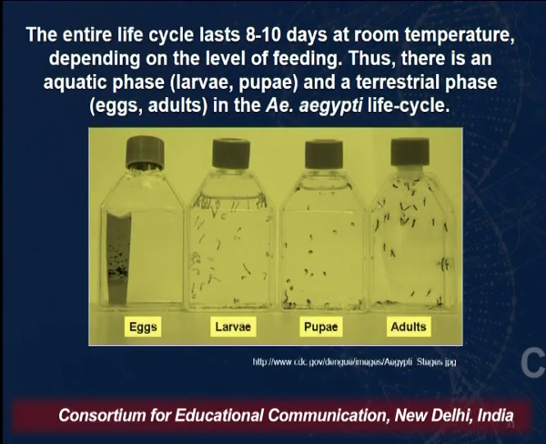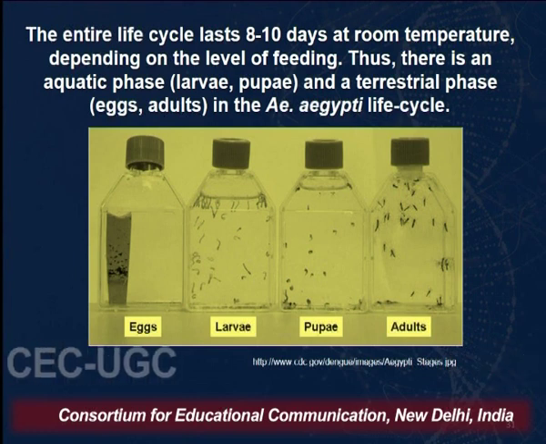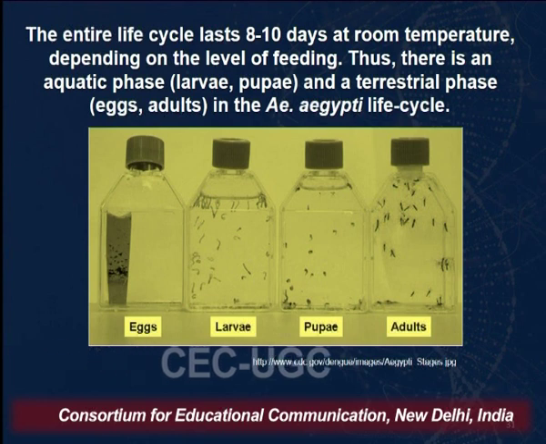Now, the entire life cycle of Aedes aegypti lasts about 8 to 10 days at room temperature, depending upon the feed it gets. There are 2 aquatic phases, the larva and pupal stages, and the terrestrial phase, which includes the eggs and the adults.